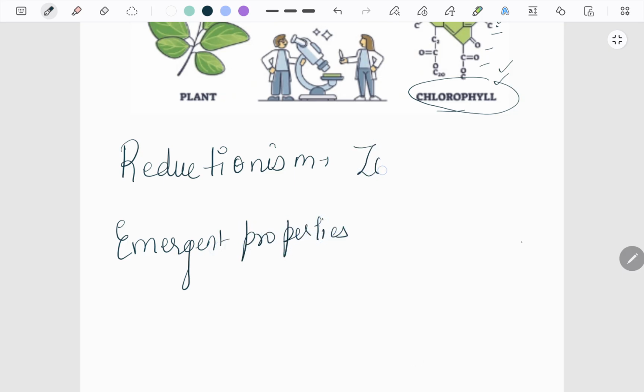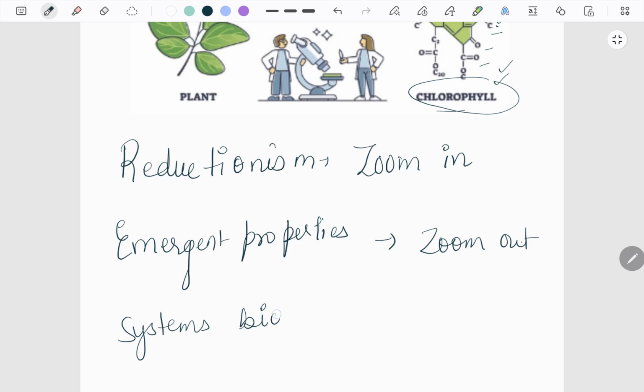Reductionism, simply zoom in. Emergent properties, zoom out. Okay, see. And one more thing I'll tell you, systems biology.